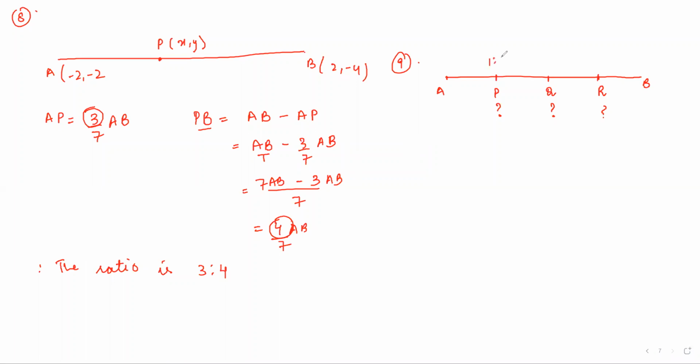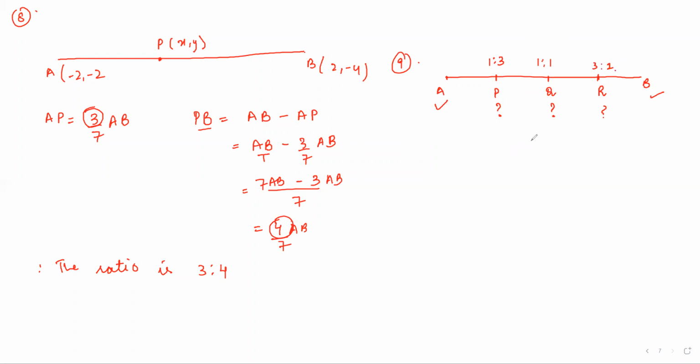So if you take the ratio 1:3 and then use the section formula, because A coordinates you know and B coordinates you know, just forget about Q and R, and you can find coordinates of P. Similarly, what is the ratio of Q? Tell me. 2:2. 2:2 means 1:1. Equal parts, 2 here, 2 here, 1:1. And R, 3:1. Very good. So this method also can be used.